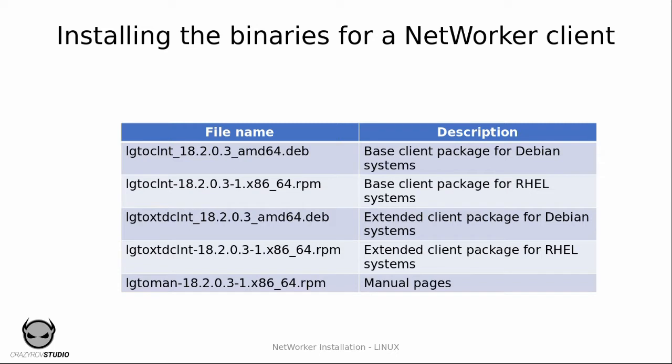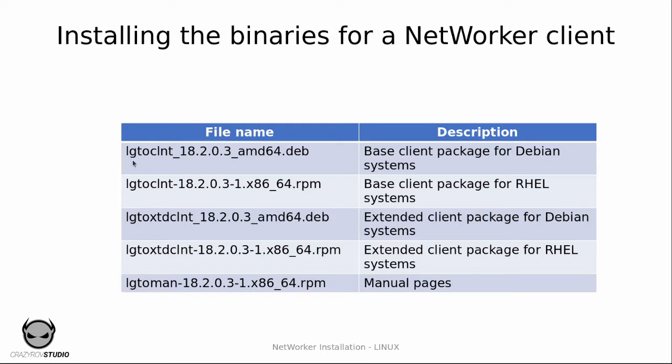So you would see that I have the Debian as well as the RPM installation files here. The Debian files are obviously for the Debian Linux systems, and the RPM files are for the RHEL or RPM supported systems.